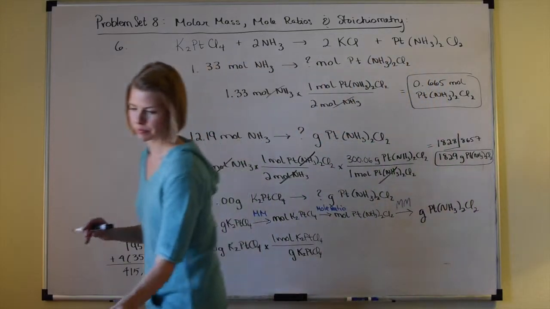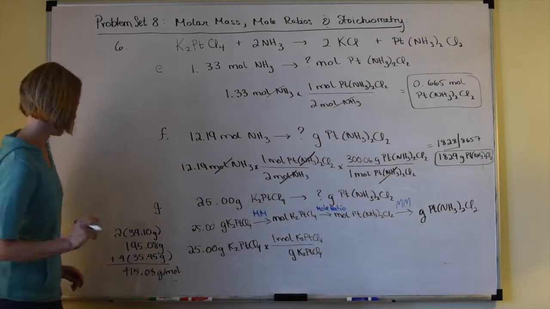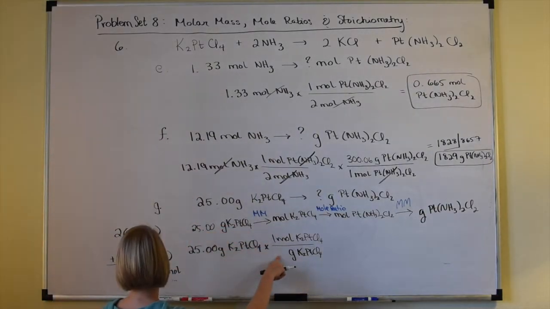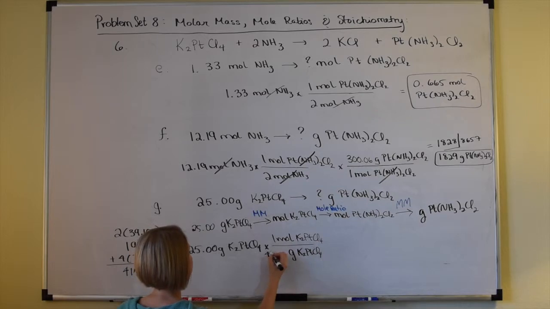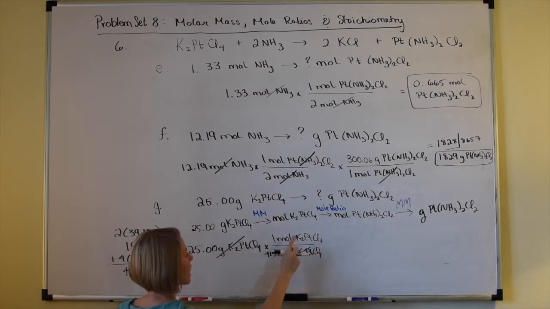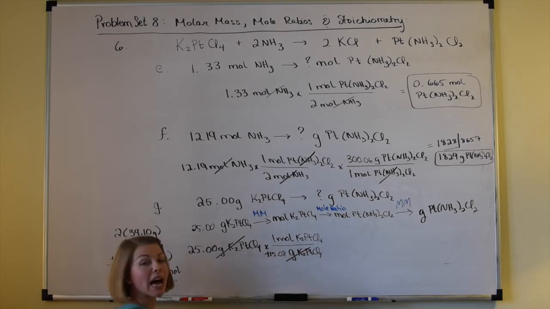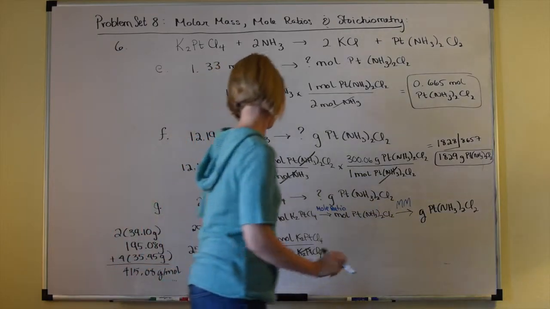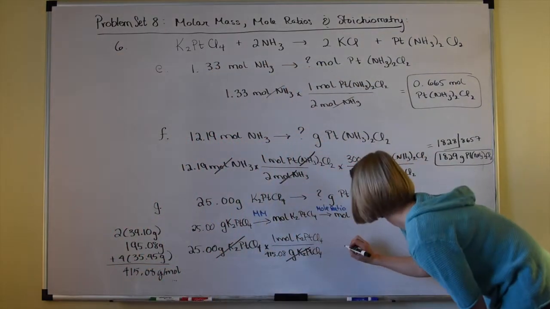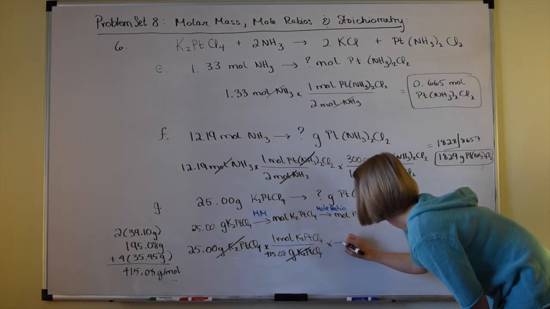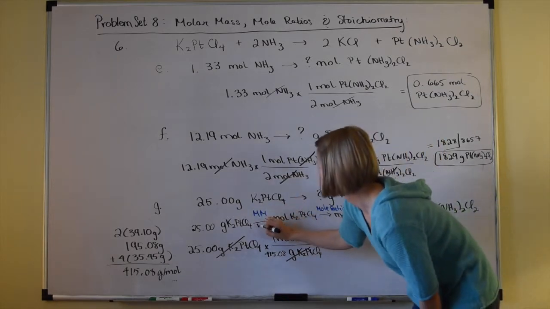Okay. All right, so let's write that in here. 415.08. So now my grams cancel out, and now if I do this calculation, I will know how many moles of the potassium tetrachloroplatinate are reacting. Okay. All right. Now I'm ready, so I just did this step.